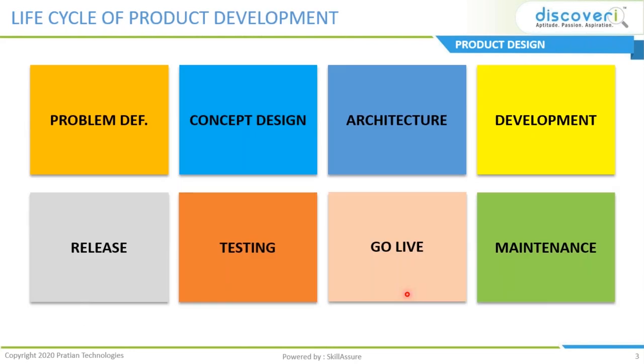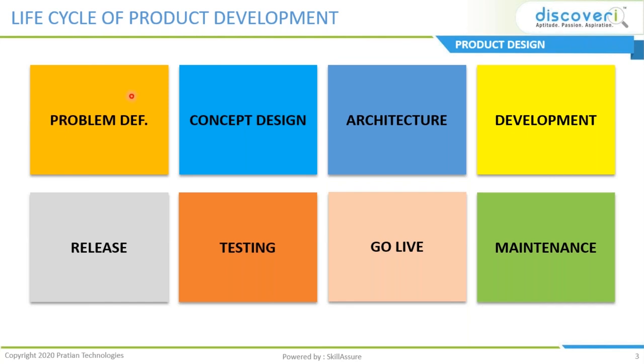Let us begin with the life cycle of product development. There are different phases in the product development life cycle, starting with identifying or defining the problem statement. Identifying the problem is the most critical part of any solution, because the solution depends on how critical the problem is.